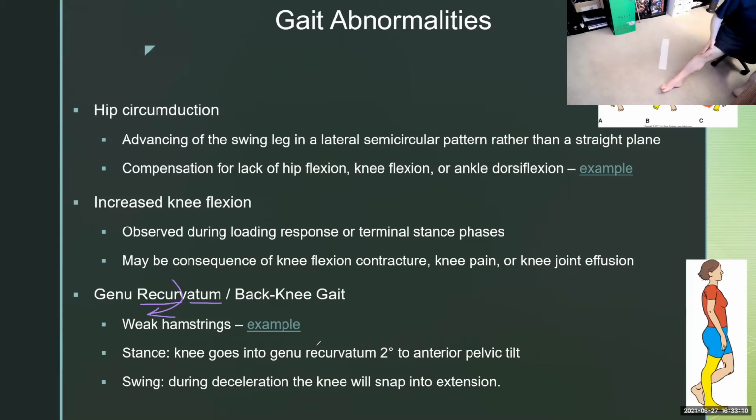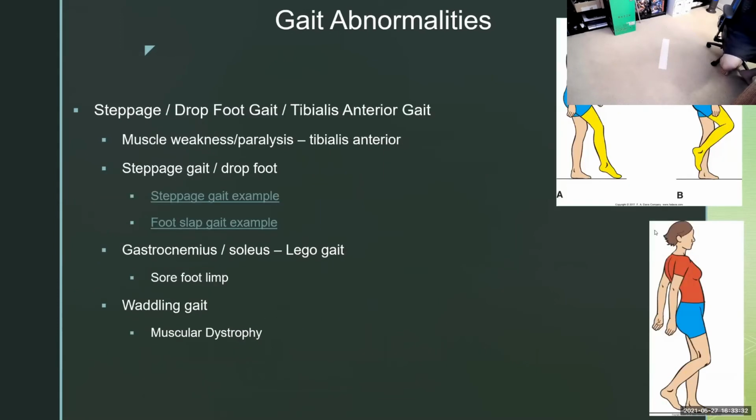Where it locks it at 0 rather than going that way. So we're going to work all of those knee muscles to get them to a neutral knee. If I go into hyperextension, do you think that's going to put all of my ligaments at risk for injury? Oh, yeah.